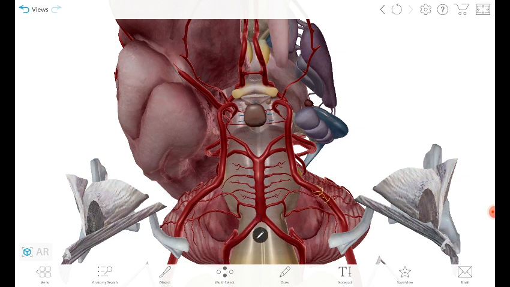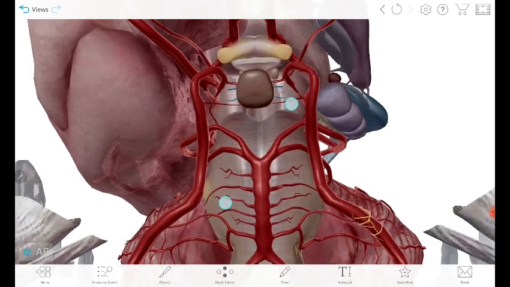These were the two vertebral arteries which join to form the basilar artery. Now the basilar artery is giving off two branches. The one which is inferior is the superior cerebellar artery, and the one which is superior to it is the posterior cerebral artery. Now the circle of Willis is formed by the posterior cerebral artery, but not by the superior cerebellar artery.